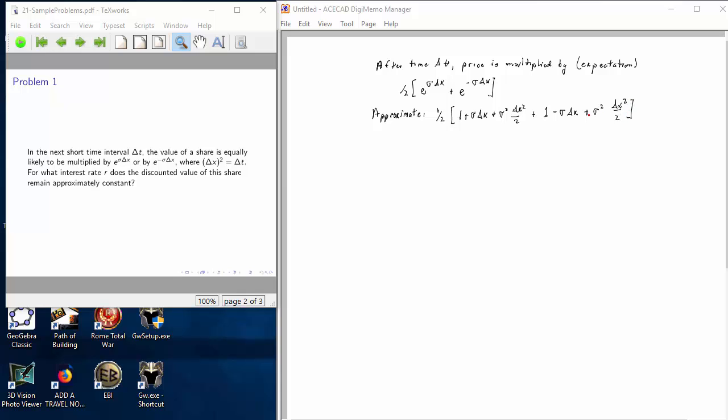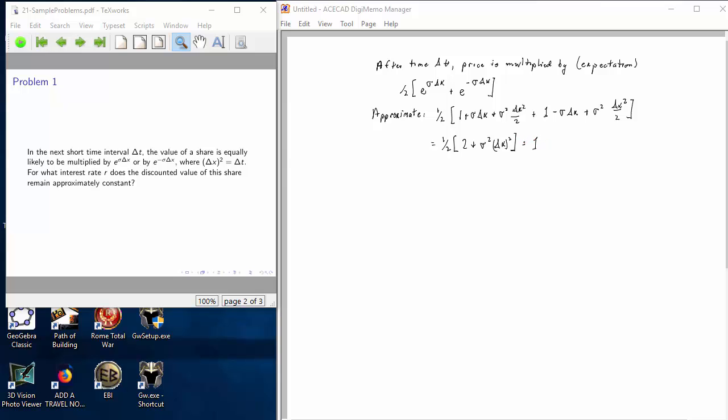Throw away a bunch of other terms, and I've got 1/2 of 2 plus sigma squared delta x squared. But we're always choosing the amount by which the stock price goes up or down by using a delta x whose square is equal to delta t.